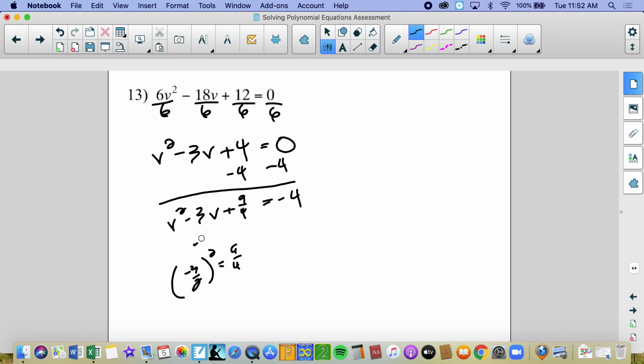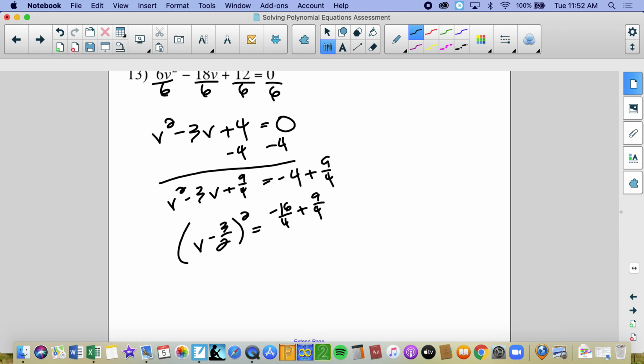I just draw this in there for visual purposes, but that b value is still there. And let's add it to the other side. We know that this is going to equal half of my b value, quantity squared. That is minus 16/4 if I change minus 4 into fourths. Got to know your fractional work.